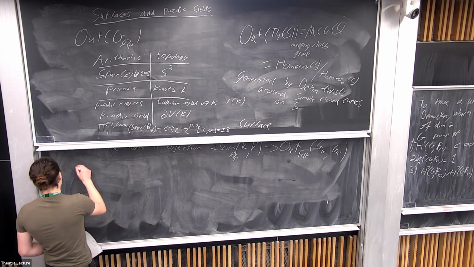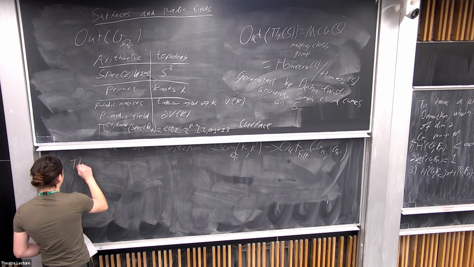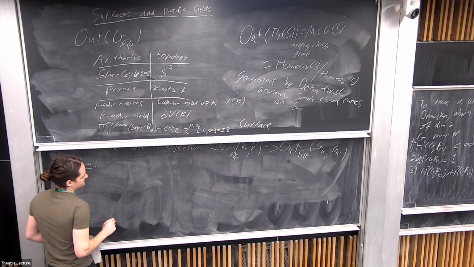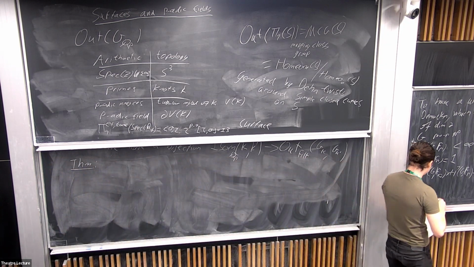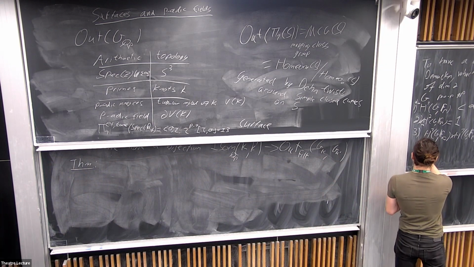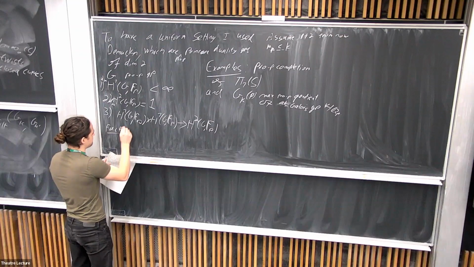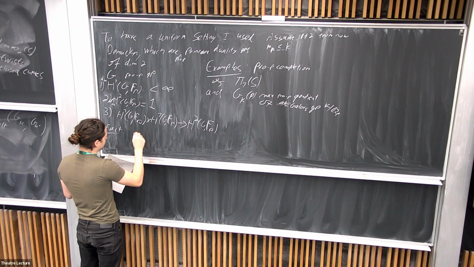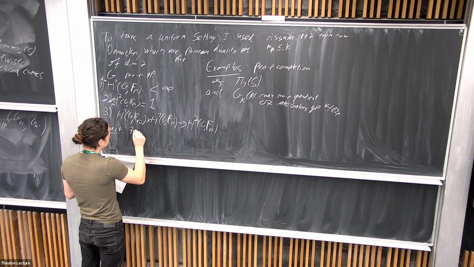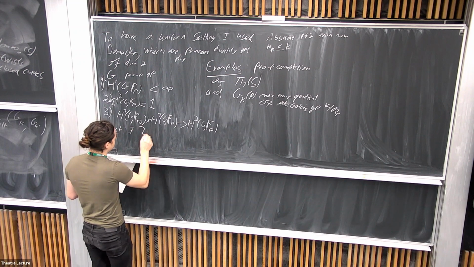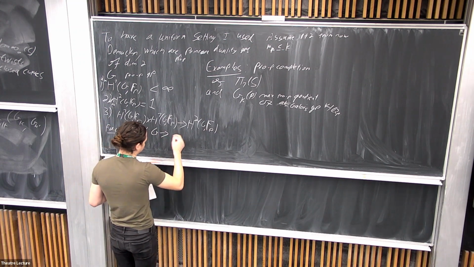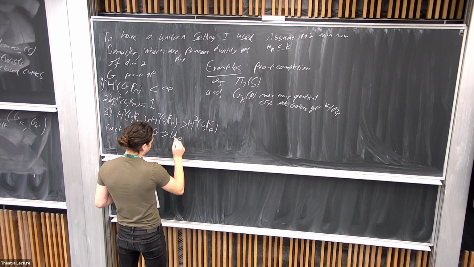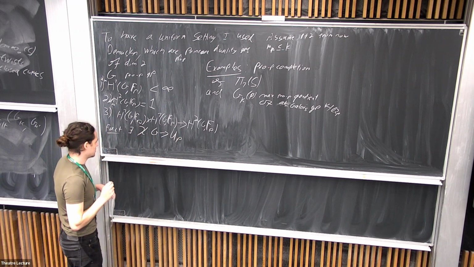Theorem: if I have a Demushkin group, then there exists an orientation character from G into the p-adic units.